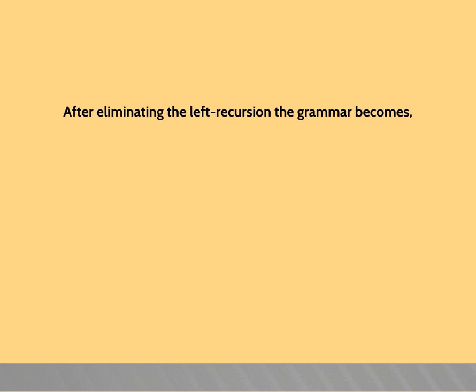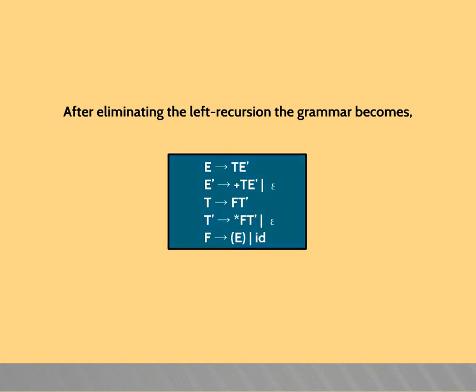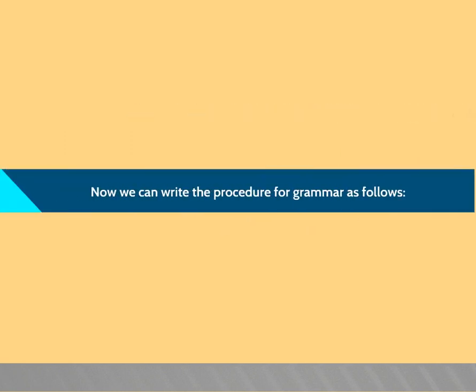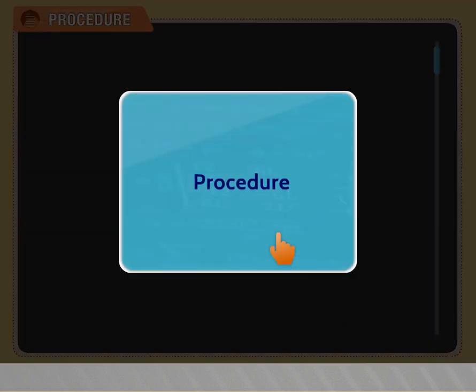After eliminating the left recursion, the grammar becomes E provides TE dash, E dash provides plus TE dash epsilon, T provides FT dash, T dash provides multiplication FT dash epsilon, F provides E, ID. Now we can write the procedure for grammar as follows. Recursive procedure.